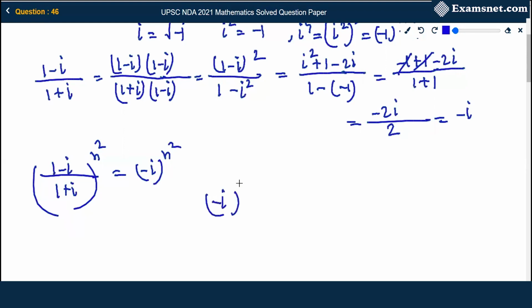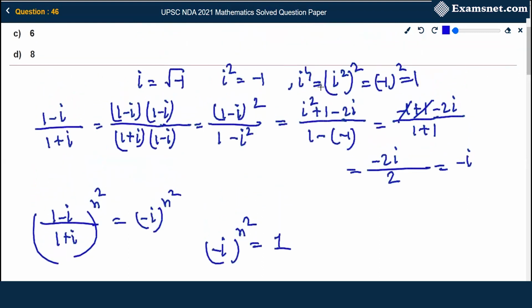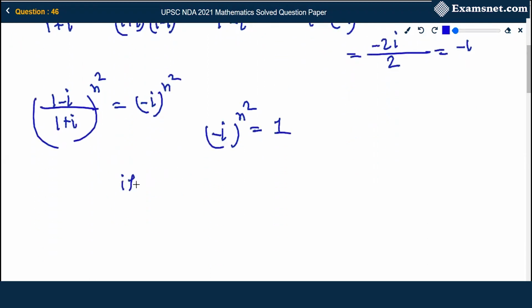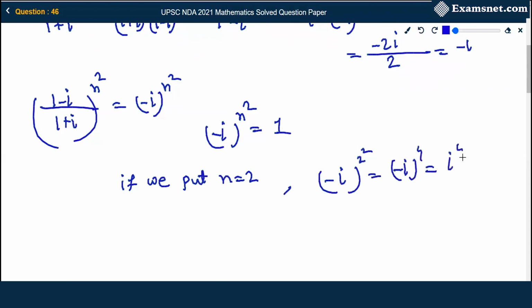So it's given that (minus i) whole to the power n square equals 1. Now look here, when we get the value of i to the power something as positive 1, the smallest such power is 4. Since it's given n square, if we put n equals 2, it becomes (minus i) whole to the power 4, and that would obviously give us the value 1.